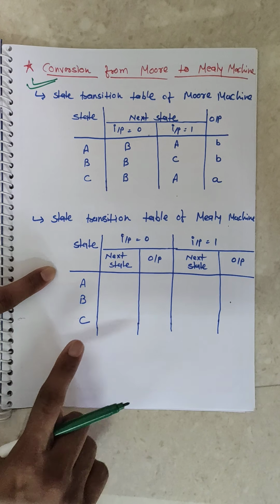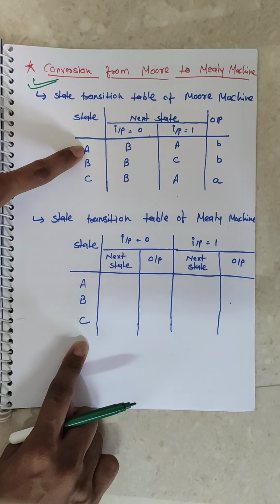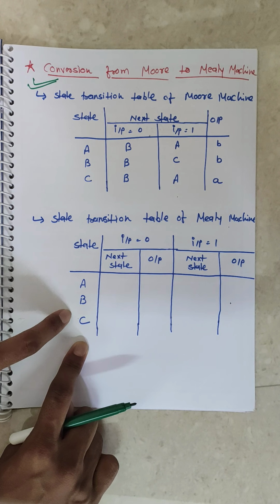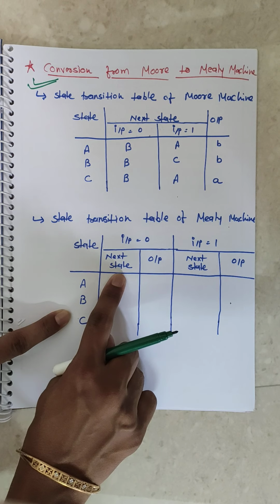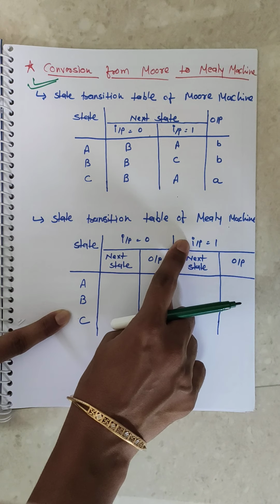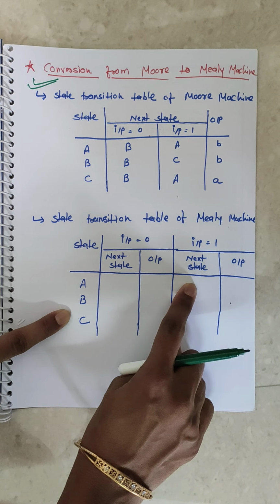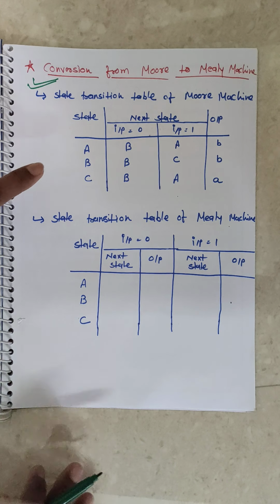The basic structure of the transition table of the Mealy machine: the number of states is the same as the Moore machine. For input equal to 0, we give the next state and the output at that state. Same way, for input 1, the next state and the output.